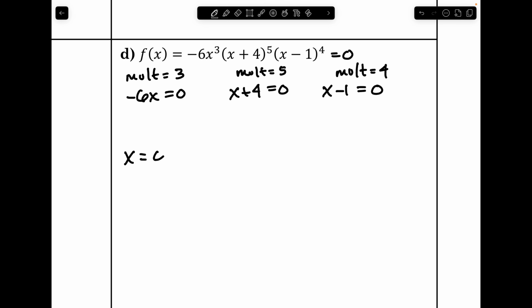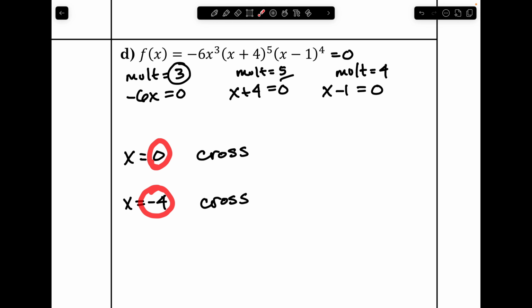So x is equal to 0, and with an odd multiplicity the graph is going to cross the x-axis at that location. For x plus 4, the opposite of that is -4, and it's going to do the exact same thing since the multiplicity, again, is an odd number. Pay very close attention. I don't care about this number being even or odd, because that's a thing people mess up on.